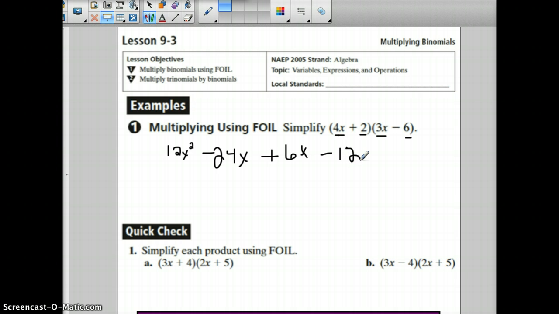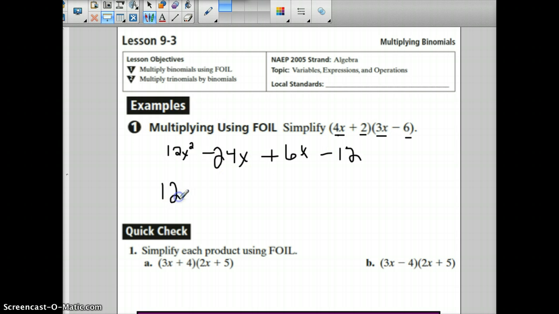All right, this is a standard binomial times a binomial. Most of the time you'll have linear binomial times linear binomial. And when you follow the FOIL method, what ends up happening is your outers and inners become like terms. So after we've multiplied, we can simplify.